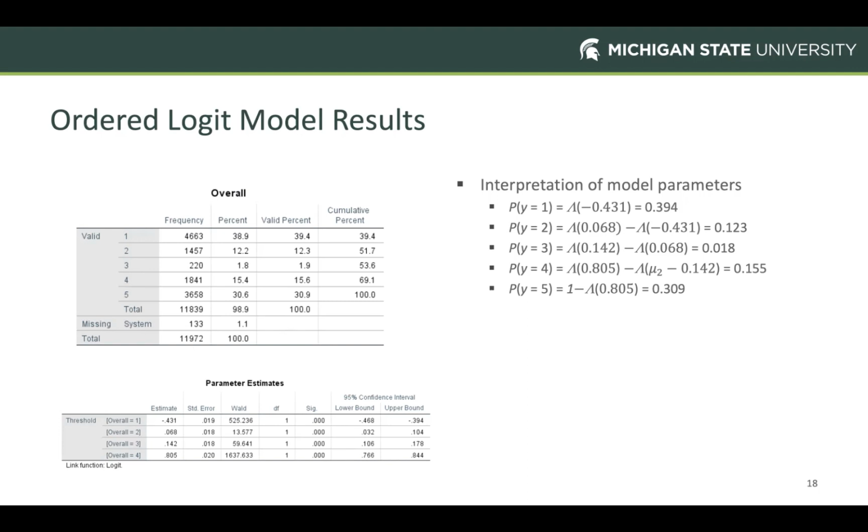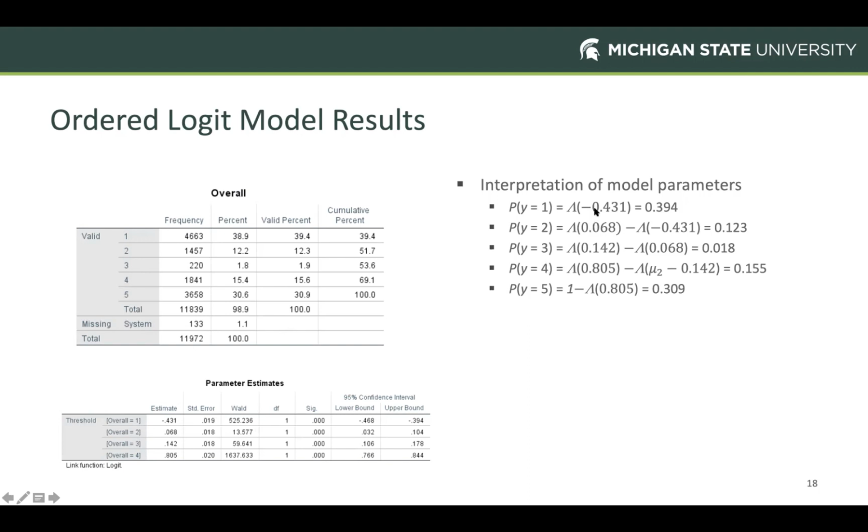Now, the simplest model we can estimate here is a model that includes only those thresholds, okay? And so this shows us what the corresponding values are, in a logistic or logit framework, for each of those 4 thresholds that separate our 5 categories of data, okay? These are our corresponding thresholds, mu1 to mu4.